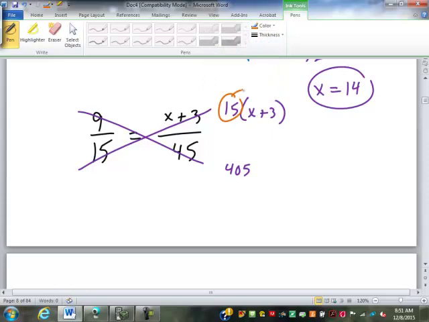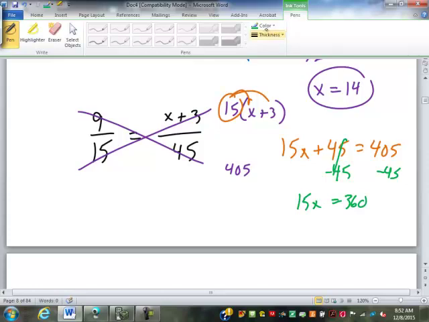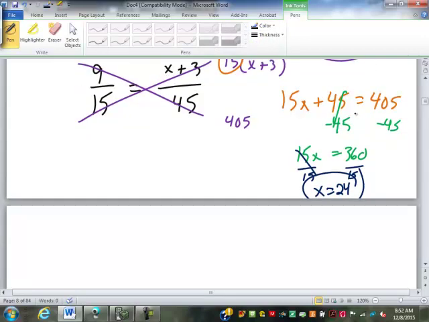So now I'm going to do 15 times x is 15x. 15 times 3, 45, equals 405. Now what am I going to do? I'll subtract 45. 15x equals 360. I divide by 15. X equals 24. Not so bad?